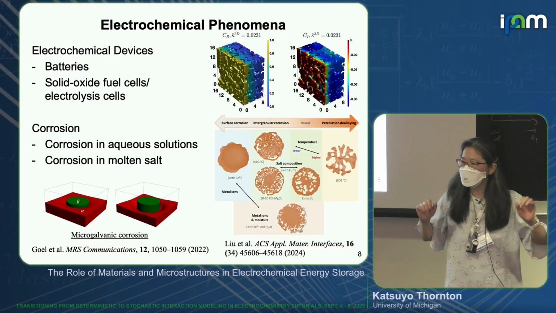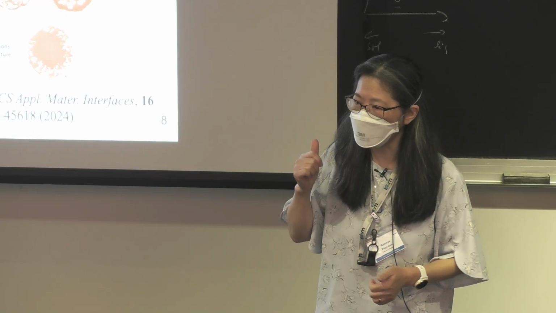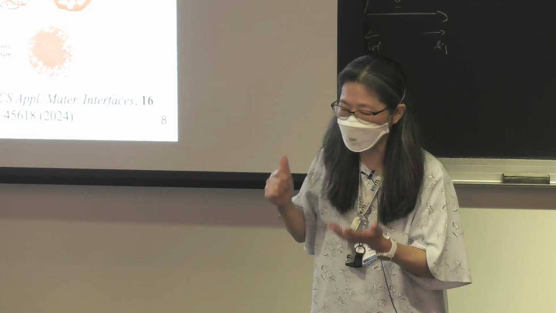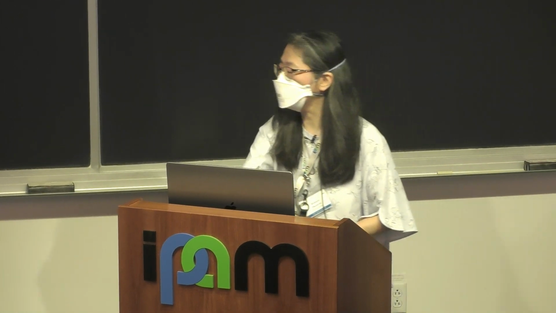These are very interesting, right? But how does it change the reaction rate, the corrosion rate? They are not sure how to do that, so that'll be really interesting to do. I'm going to talk about batteries today, just to focus on one thing.